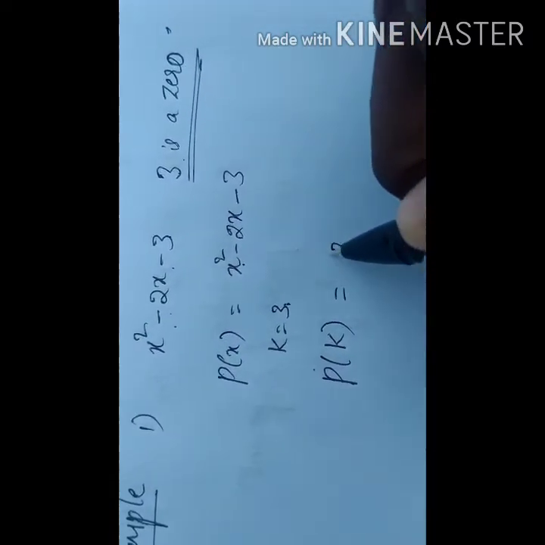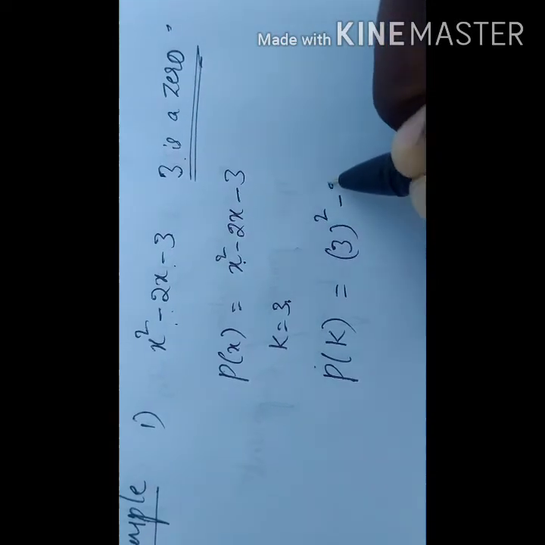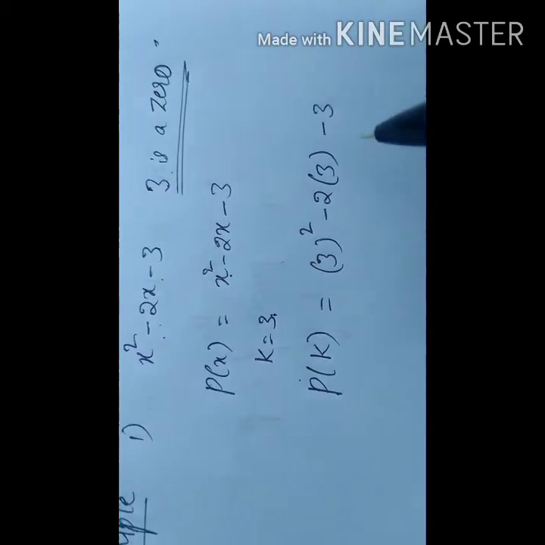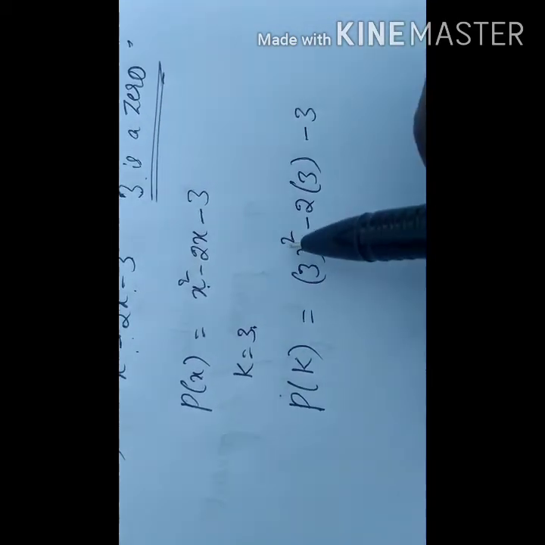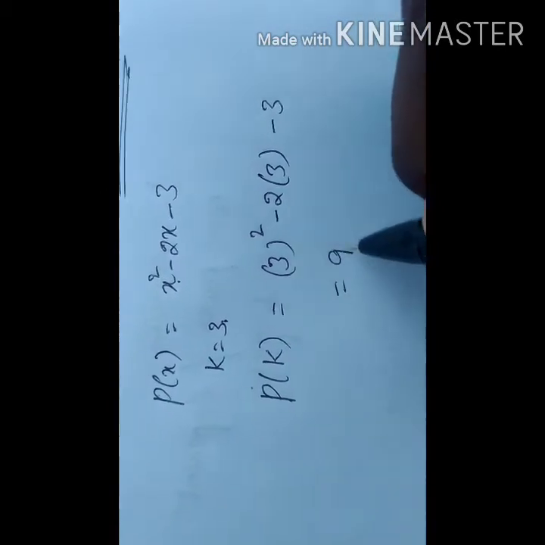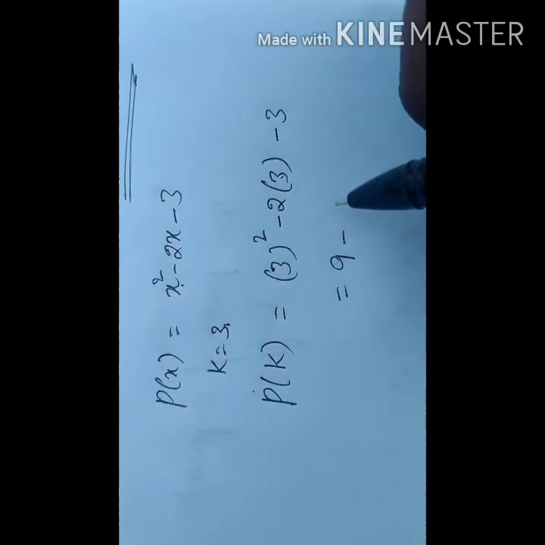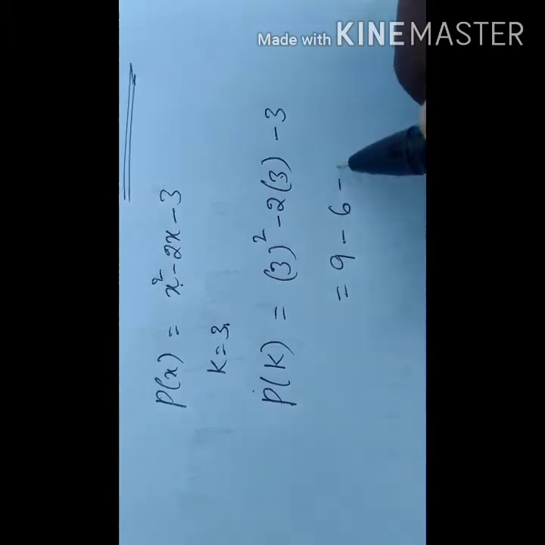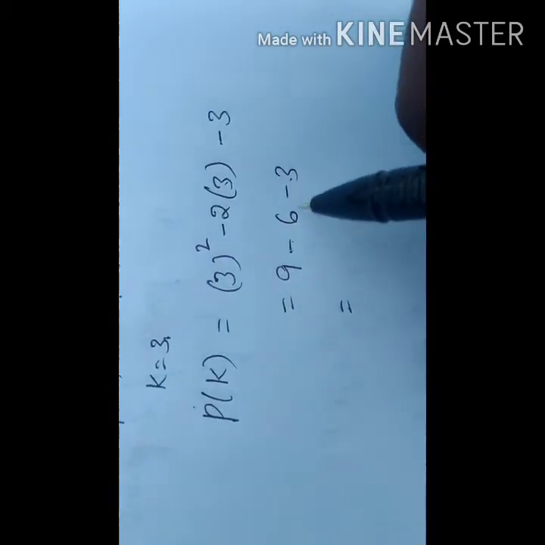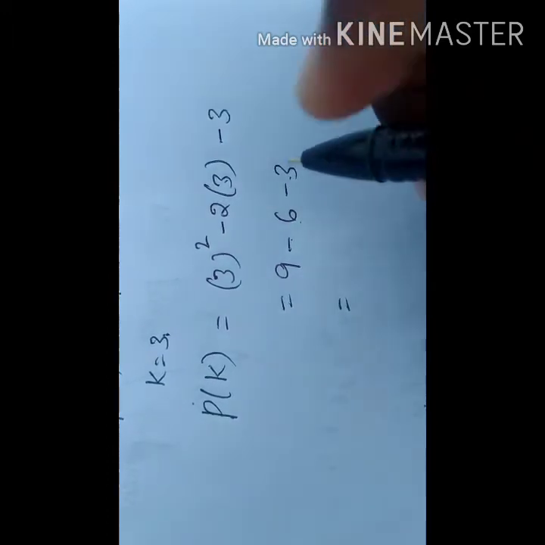Here it becomes 3 square minus 2 into 3 minus 3. What is the value of 3 square? That means 3 into 3, 9, minus 2 threes are 6, minus 3.